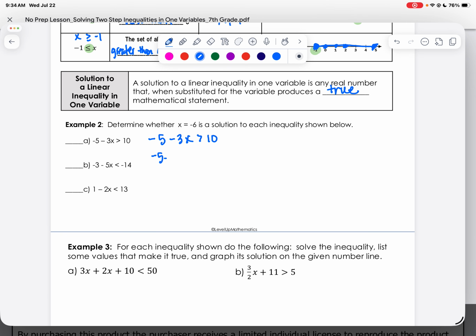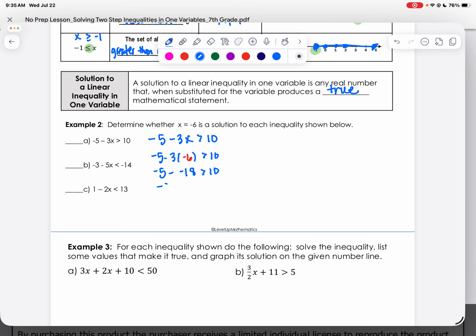So I'm going to replace the x with parentheses, and I will plug in the number they gave me. I want to know, is -6 a solution? So then we'll evaluate that. This would be -5 minus 3 times -6 is -18. Is that greater than 10?